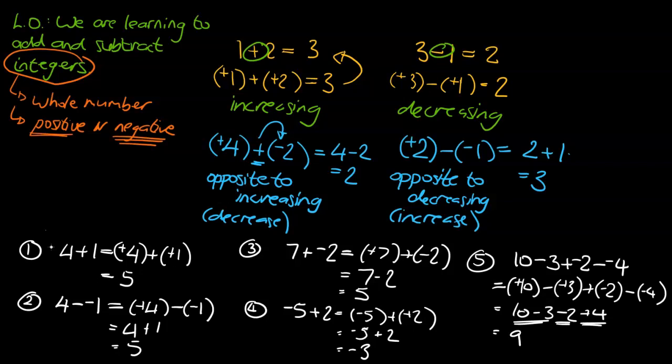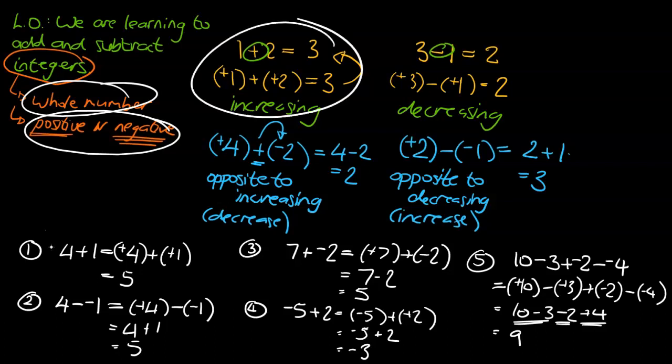So hopefully you found this video on adding and subtracting integers useful. Just to recap, we learned that integers are whole numbers, and that's largely what we focus on in the video. They can be positive or negative, and it's that negative side of things that switches it to becoming opposites. We learned that if you're adding a positive, that's increasing.